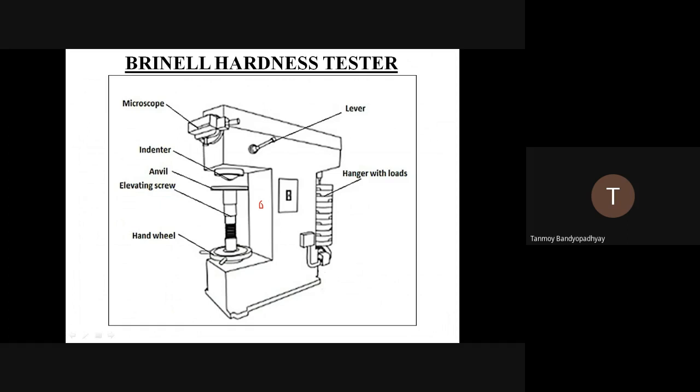Like what are the materials, mild steel or any material. Based on the material, you have to adopt the procedure that you will be using. Say for mild steel, if it's recommended, you can go for the Brinell test. For very hard material, you don't go for the Brinell test, you go for other tests like Rockwell and all.